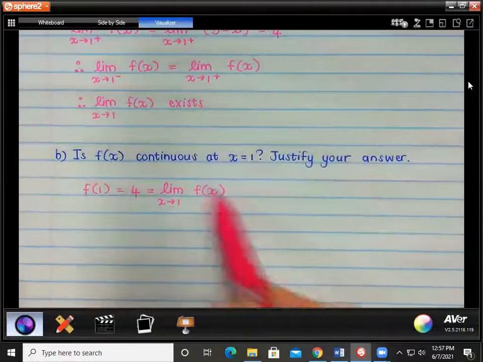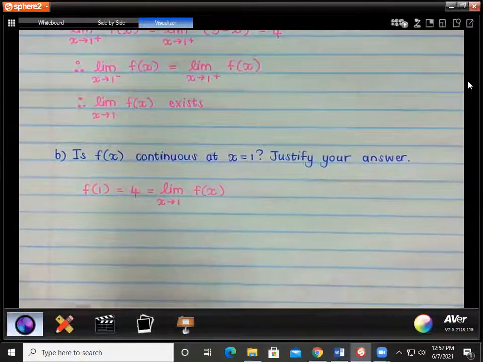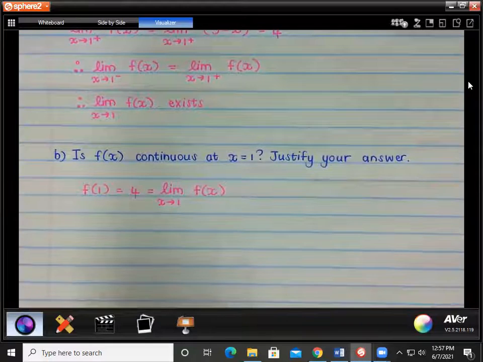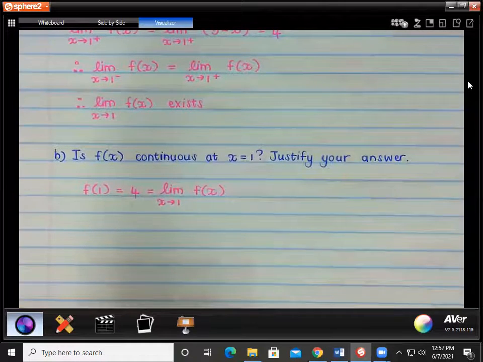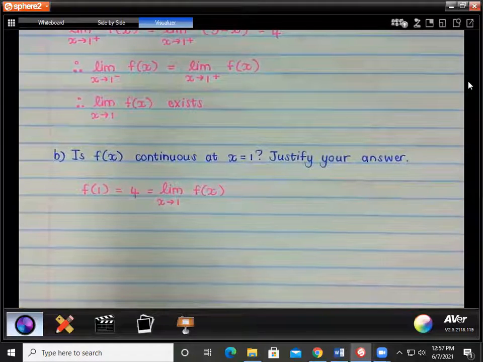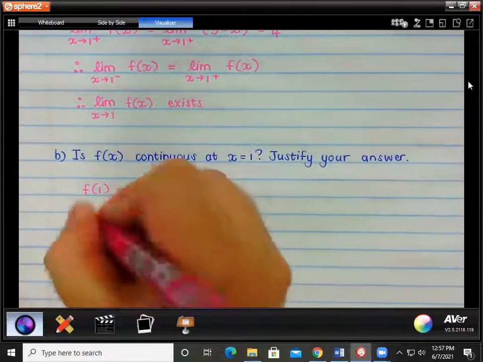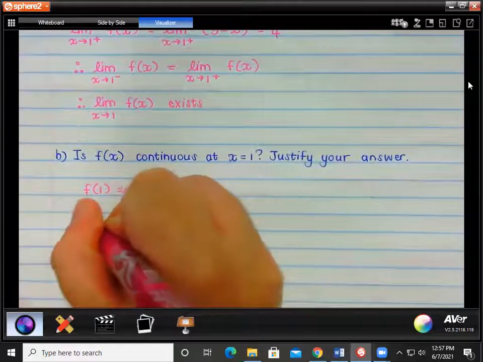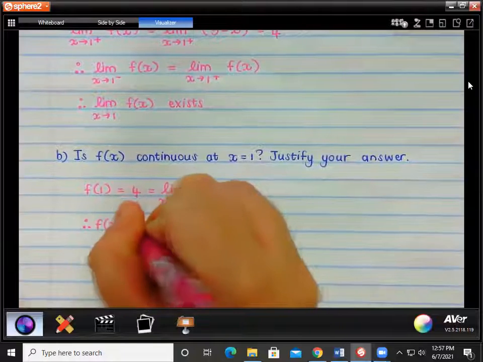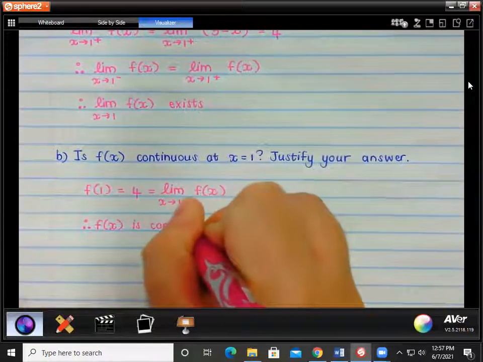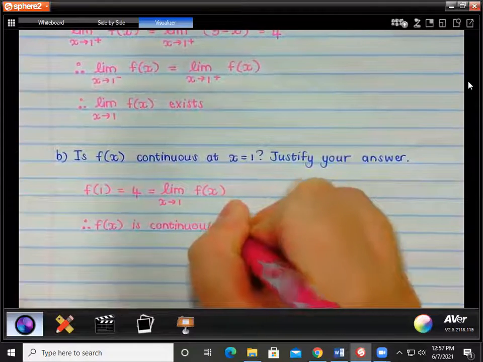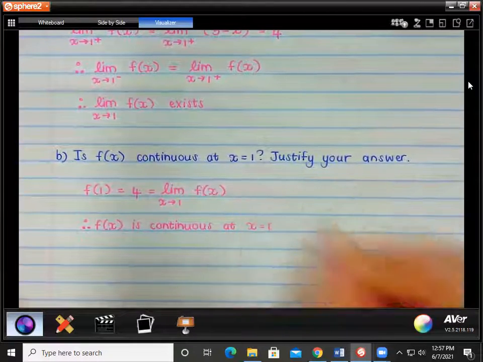Okay, so does it make sense why we can write it like this instead of doing the two separate ones? If it confuses you, do the two separate ones, you'll get full marks. All right, so if you do the limit as x tends to 1 from the negative equals the limit as x tends to 1 from the positive, you would get the same marks. Therefore, f of x is continuous at x equals 1.